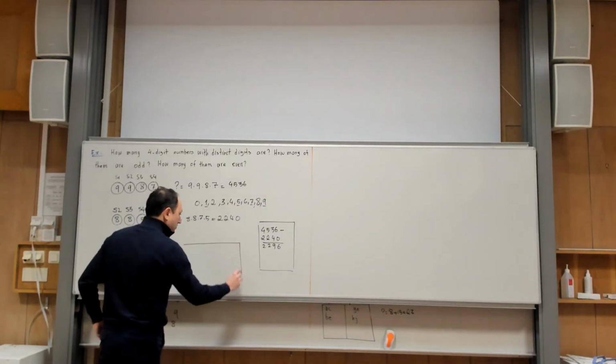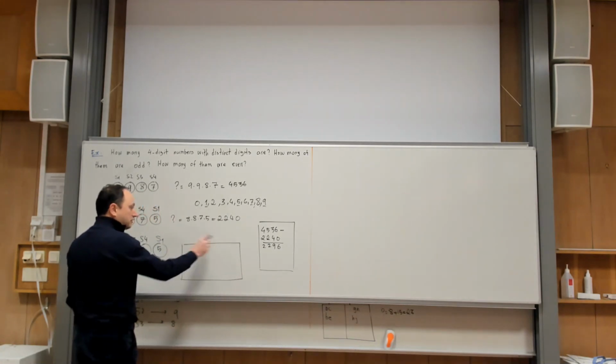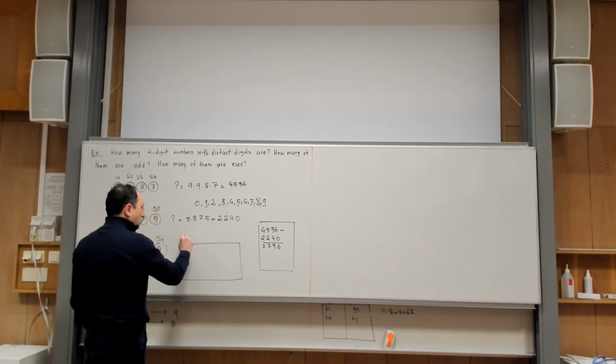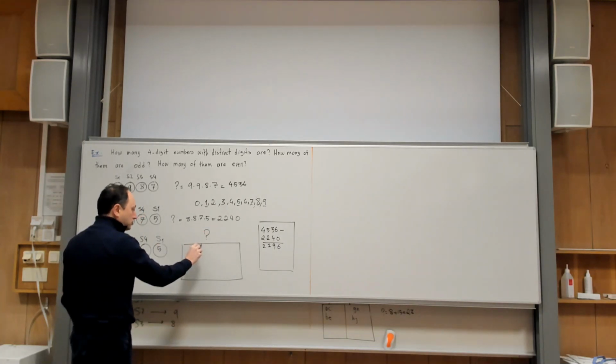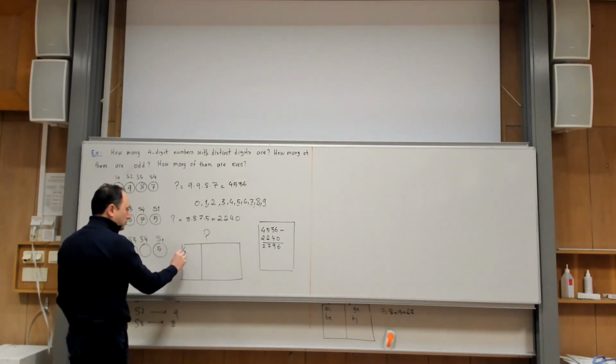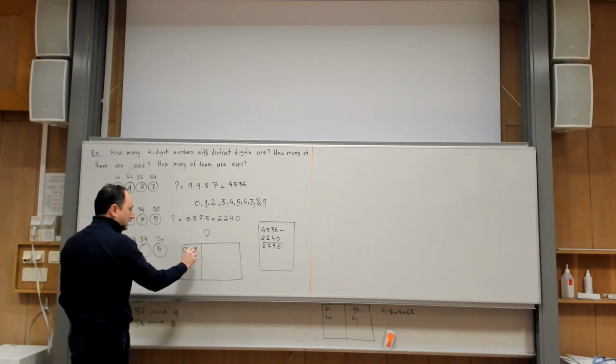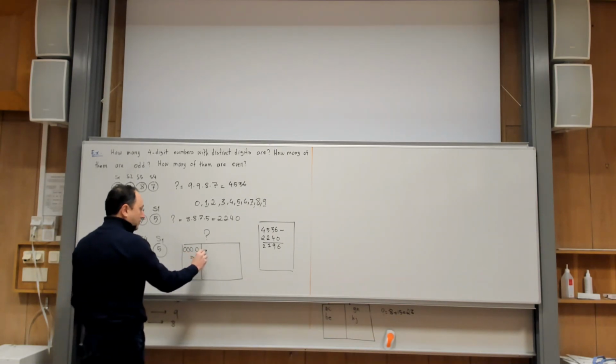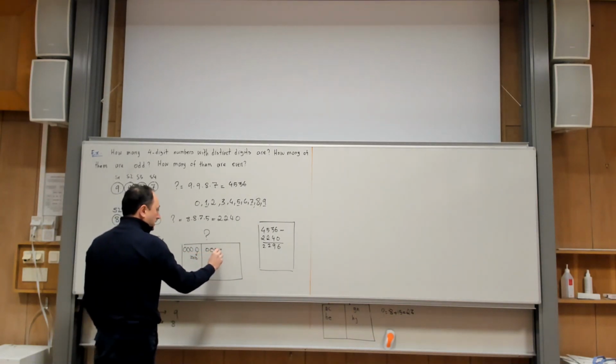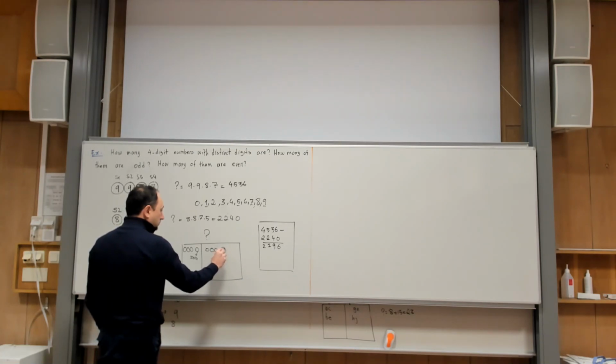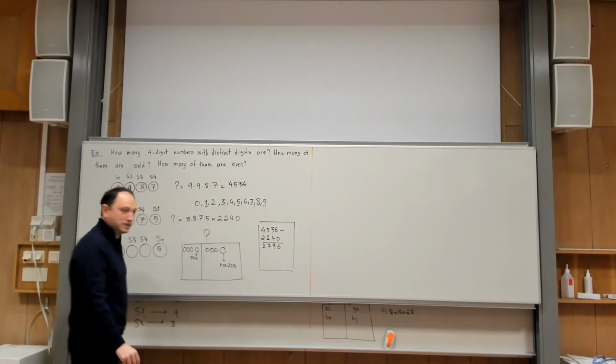If you imagine the rectangle, the rectangle is your question mark. But you can divide it into two categories. The 3-digit numbers ending with 0, and the 4-digit numbers ending non-zero. Yes, this is the way that you can imagine.